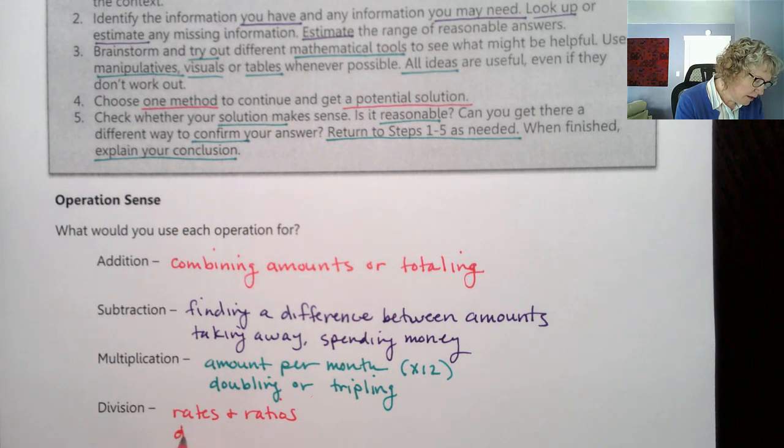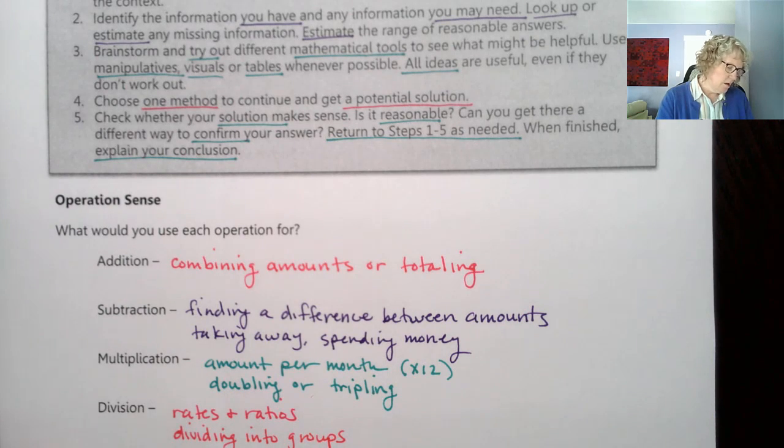So if we're dividing or breaking into groups. Also, similar to multiplication with doubling or tripling, we might have fraction words like halving or maybe a quarter. So if we had like a half or quarter, that's another indication of dividing because we're getting smaller.